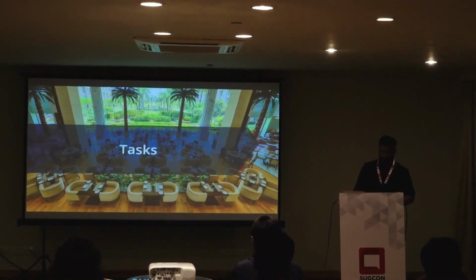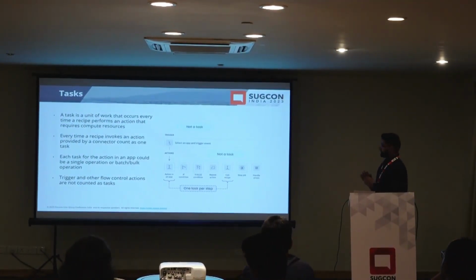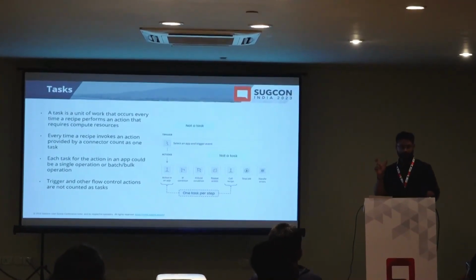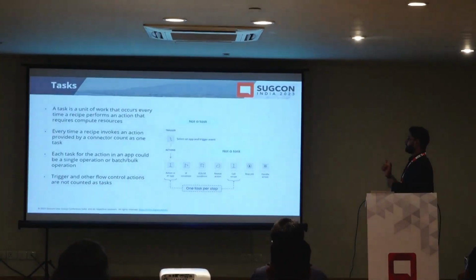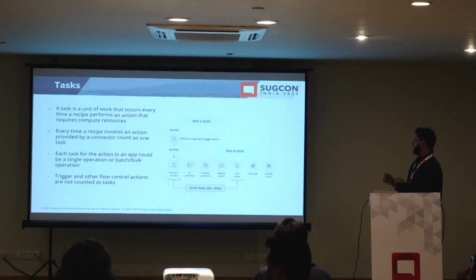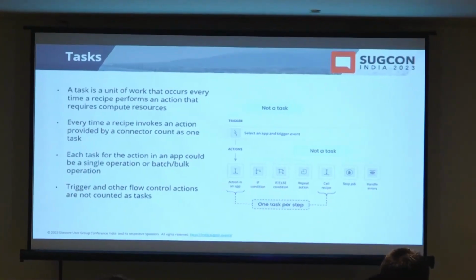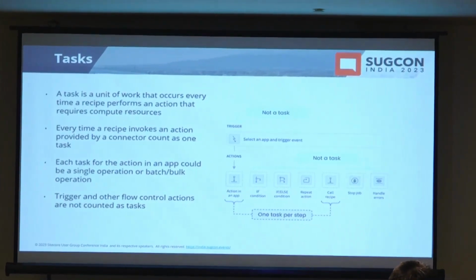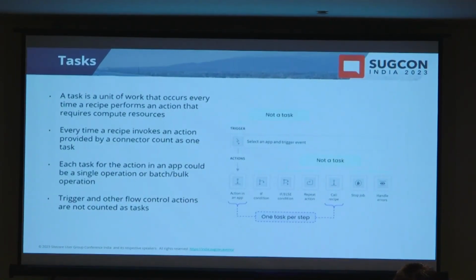Okay, next up is the task. If you see, a task is just one step at a time, one unit of the step, and all these which are marked as not a task are actually not able to connect with an application, right? One task should at least connect with one application.